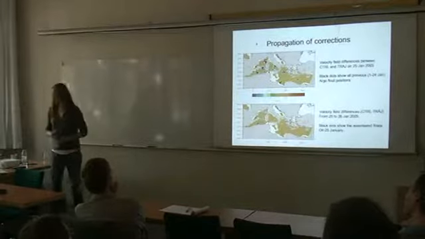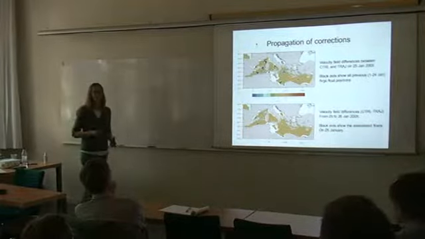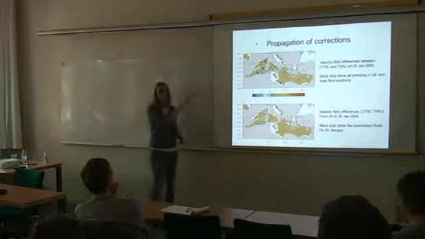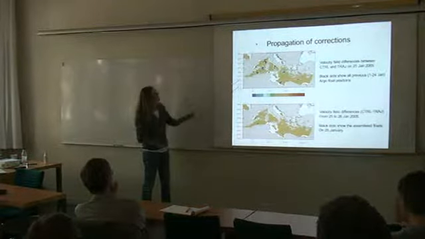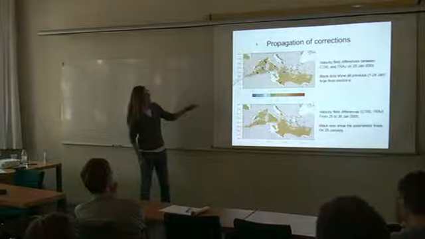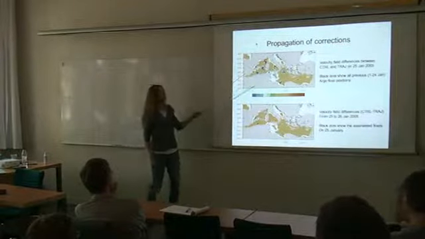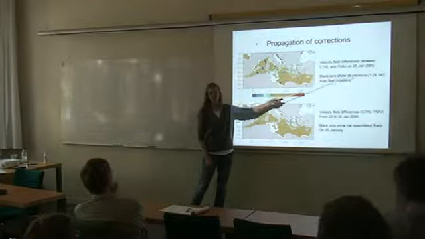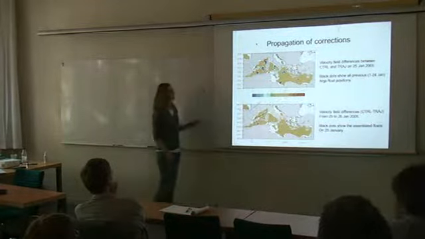And then I did some tests just to see how these corrections spread around the simulated position. So this here is the difference between the velocity fields at 365 meters. I started the experiment on the 1st of January, so this is almost 4 weeks later.